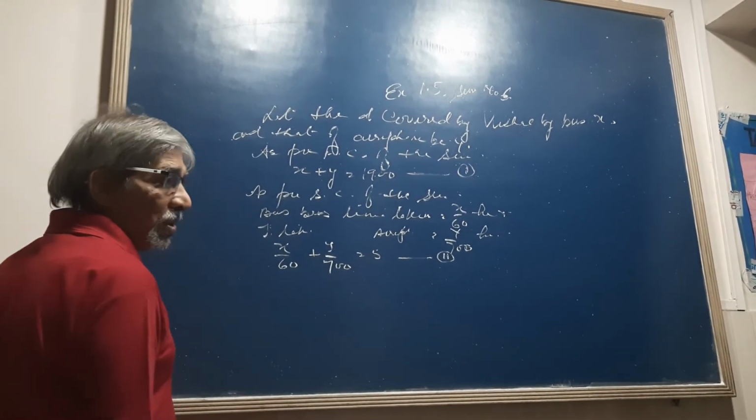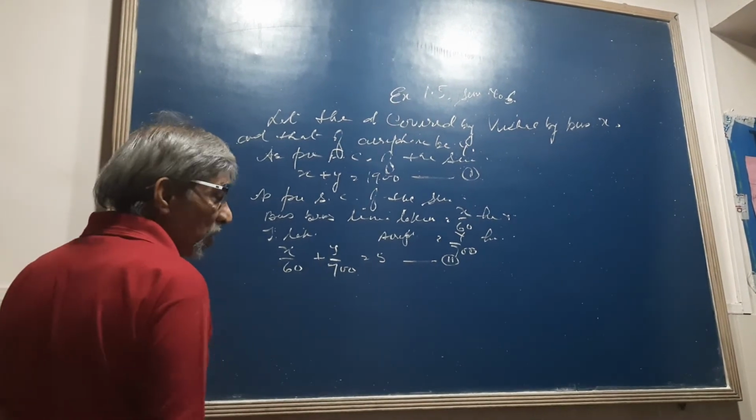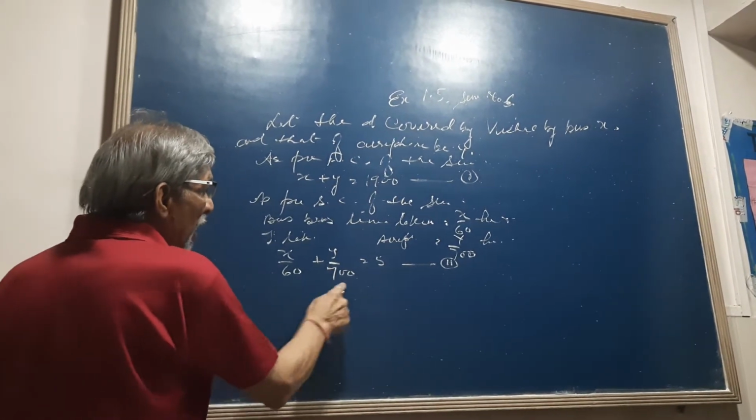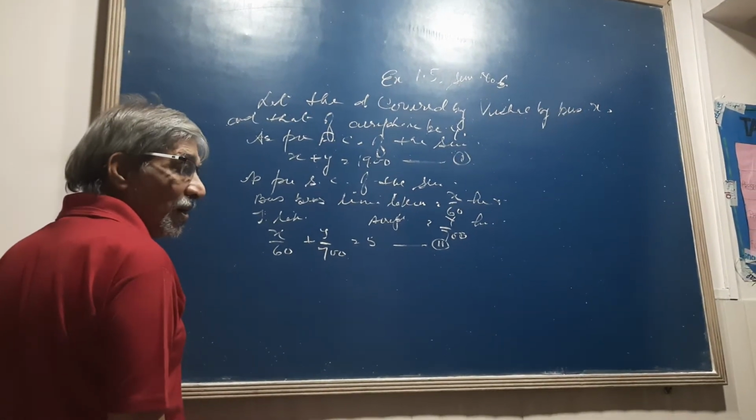In this case, to remove the denominators, what will you do? You will take the LCM of 60 and 700.